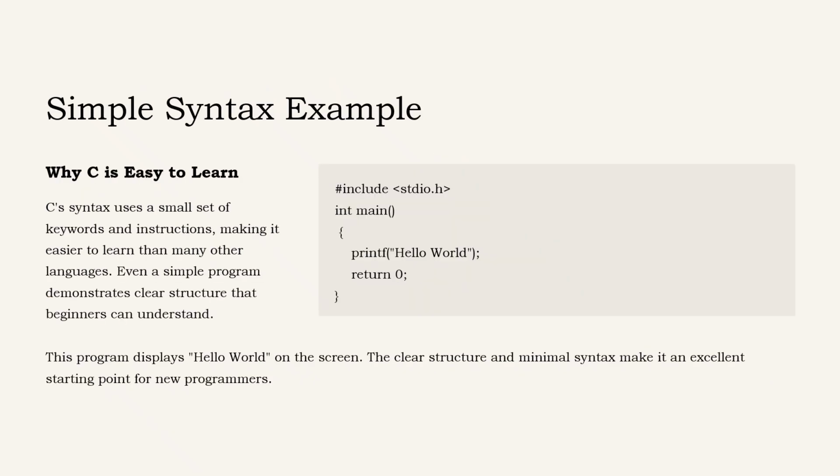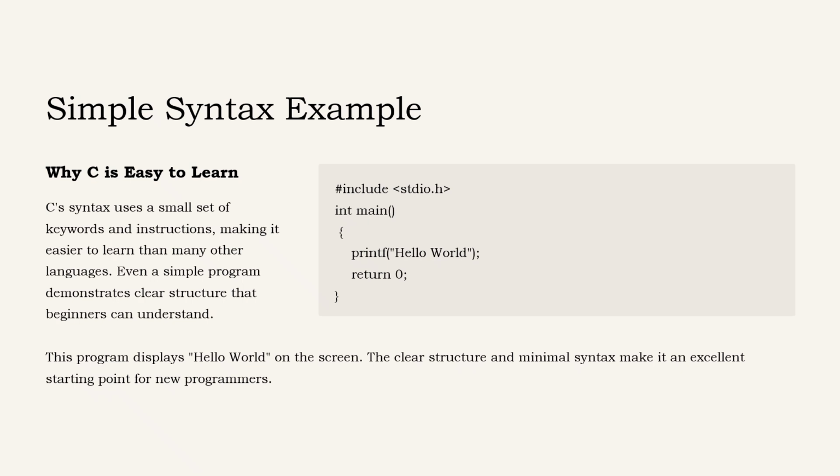Now, we will see a simple example. Why C is easy to learn. One of the main reasons C became popular is its simple syntax. The language contains a small set of keywords and instructions, which makes it easier to learn compared to other programming languages.